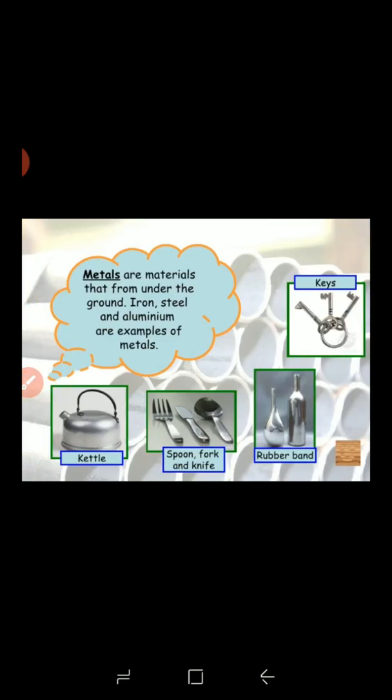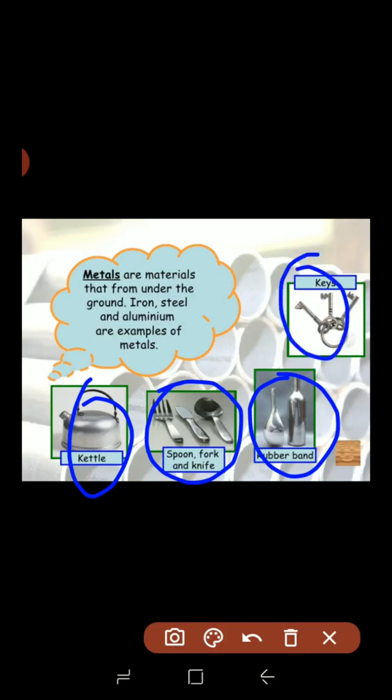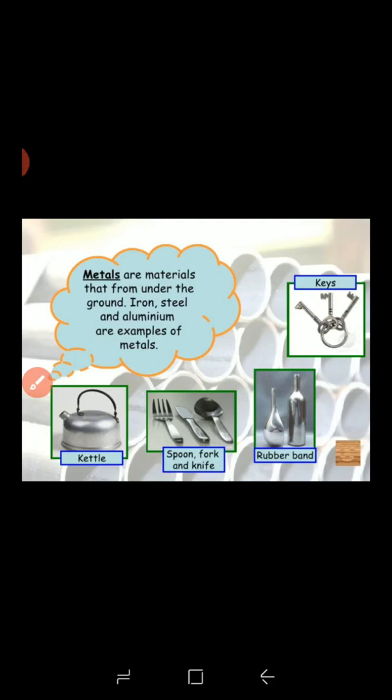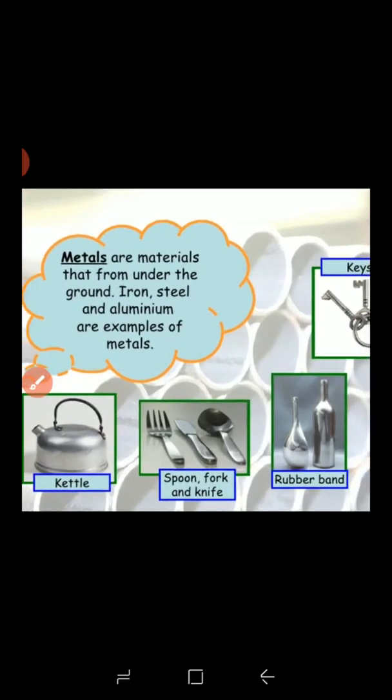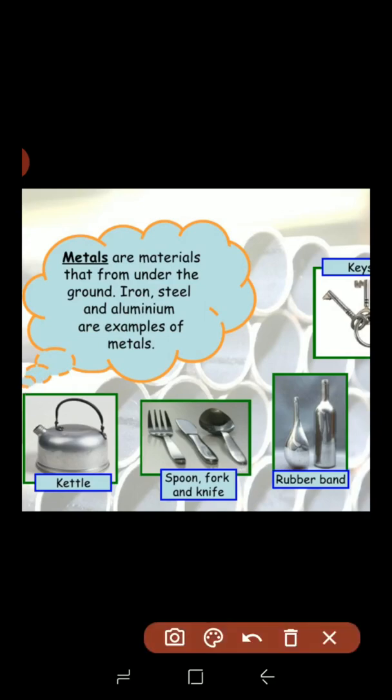Then here, metals. So kettle, spoon, fork and knife, and keys. All are made of metals. Metals are materials that come from under the ground. Iron, steel and aluminium are examples of metals. I think this is not a rubber band. I think this is a metal bottle. I'm not sure, but this is not a rubber band.